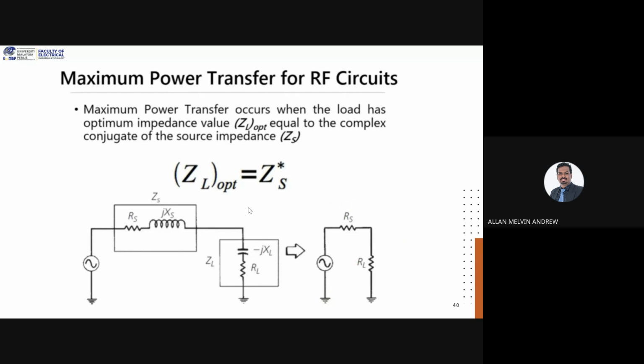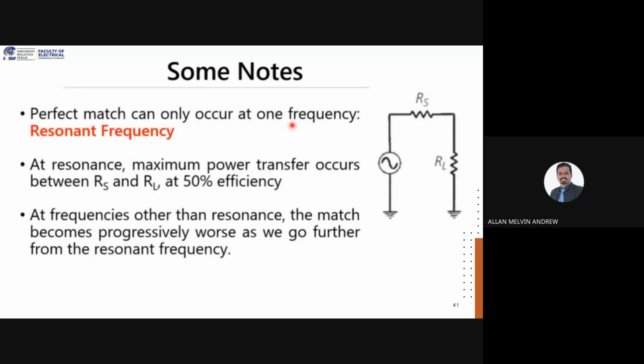Today we will see some mathematics, but I will try to simplify it so that you can understand. Some notes related to this: a perfect match can only occur at one frequency, the resonant frequency. Especially when we are dealing with communications, network communications, transmitter, receiver.